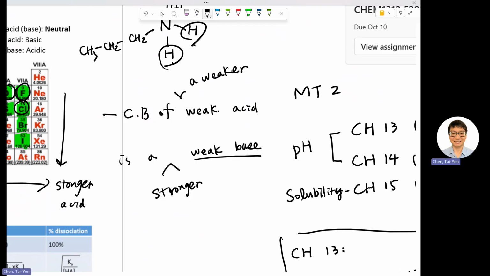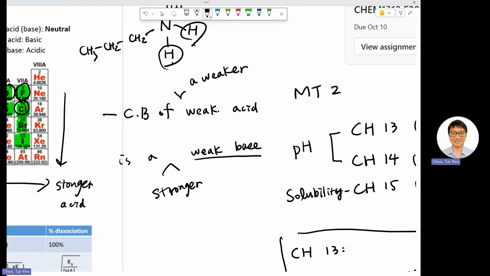Follow this logic, because you're going to use this concept afterwards. The basic idea is that if you start from weak, you're always going to be weak. So the conjugate base of a weak acid is going to be a weak base.